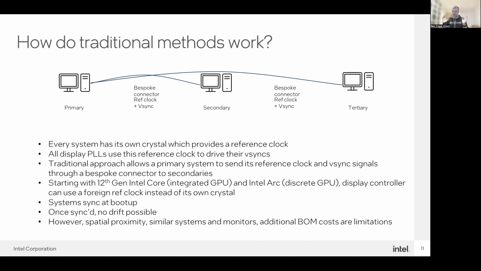They all stay locked together. So it keeps everything locked at source, with small variations due to the uncertainties that get increased across cables. That's the traditional method of how that works.